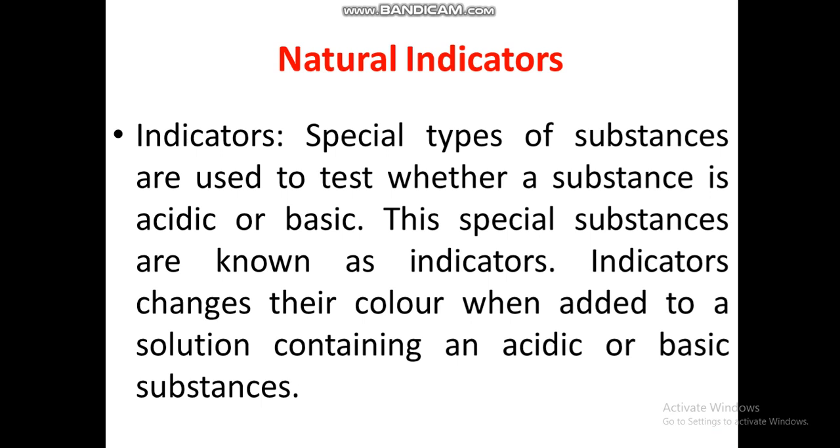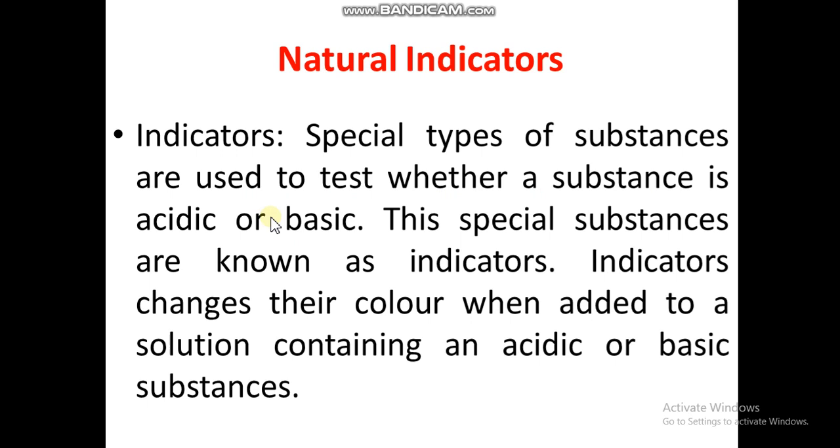So before going to the types of indicators, we should know about an indicator. What is an indicator? Indicators are some special types of substances that are used to test whether a substance is acidic or basic. Consider you have a substance, and you want to check whether it is an acidic substance or a basic substance. So how do you check it?